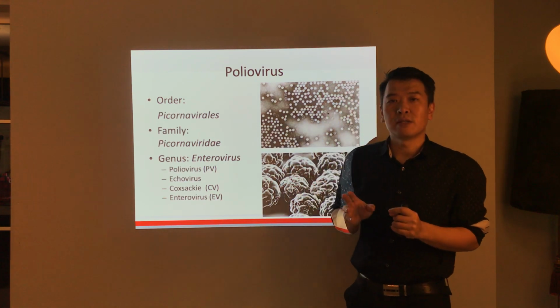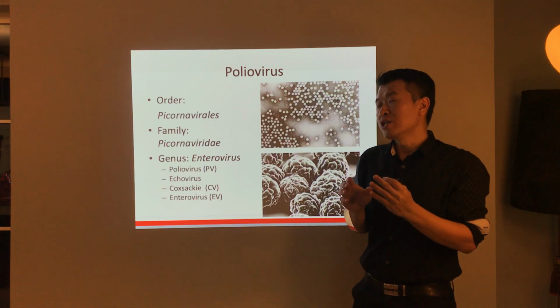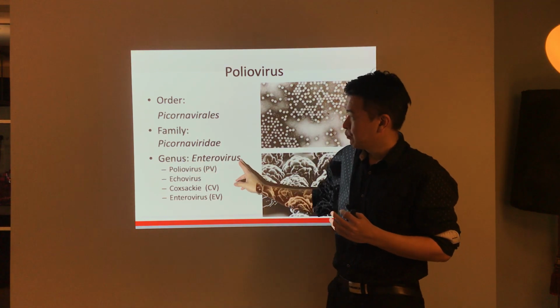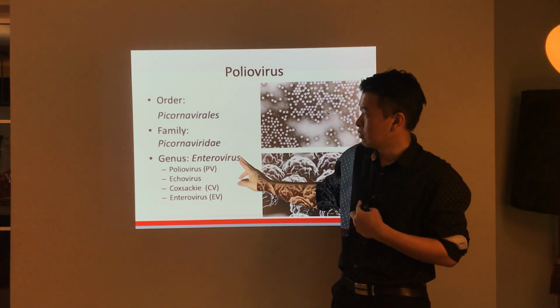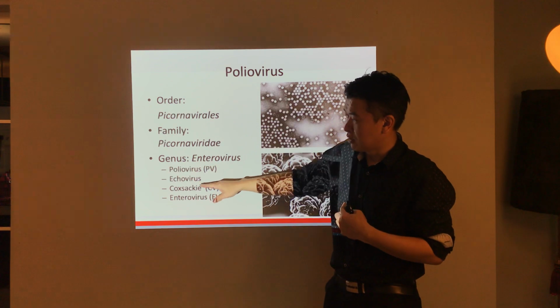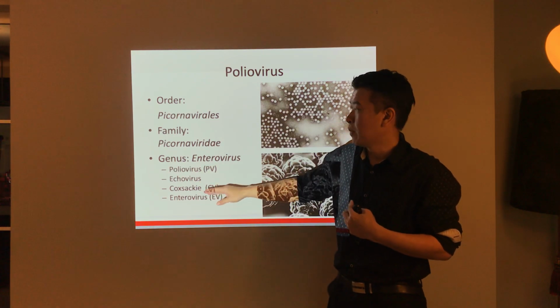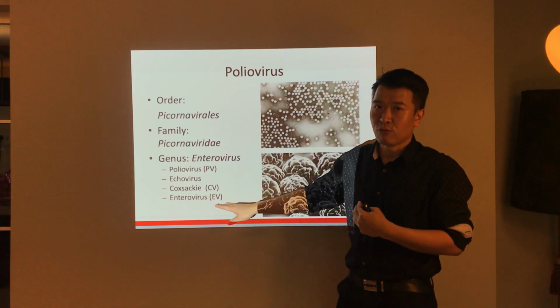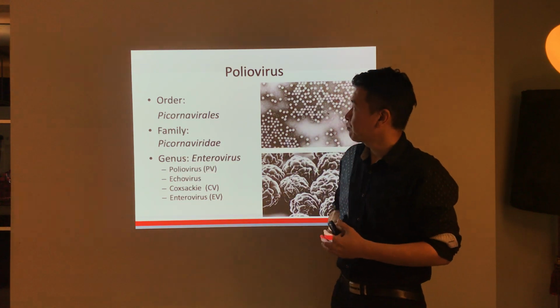And you notice that there's also another Enterovirus here. So what it means is, if you see a genus that is italicized, which is the case here, Enterovirus, it represents this virus, this virus, this virus, and this virus. But if it is not italicized, it will be this virus. Okay?